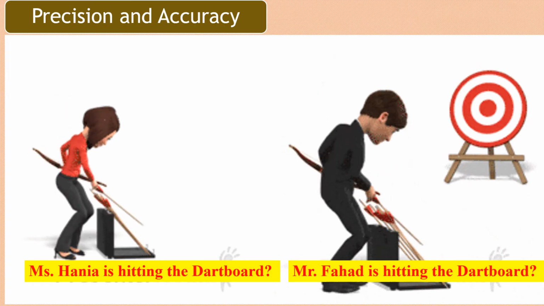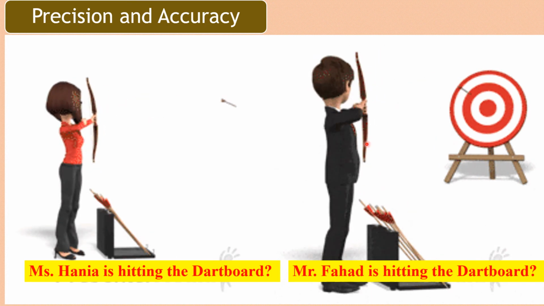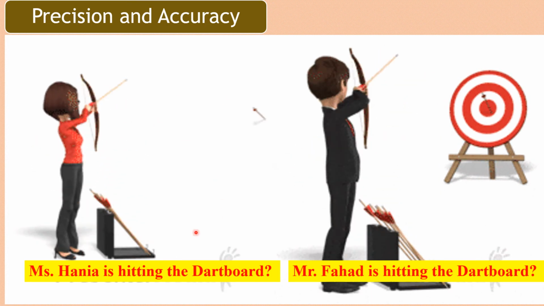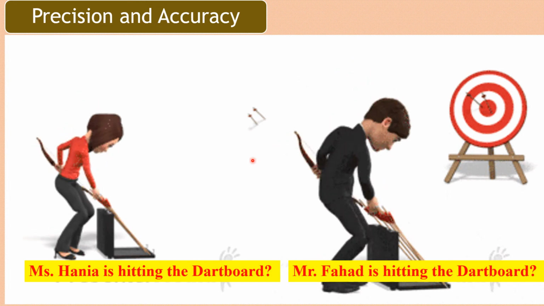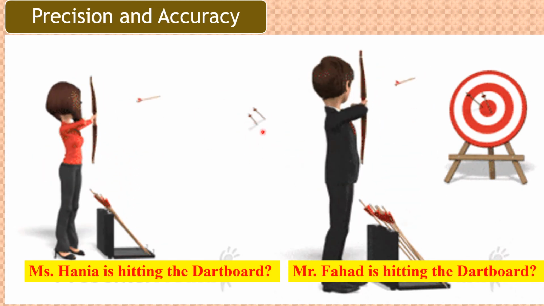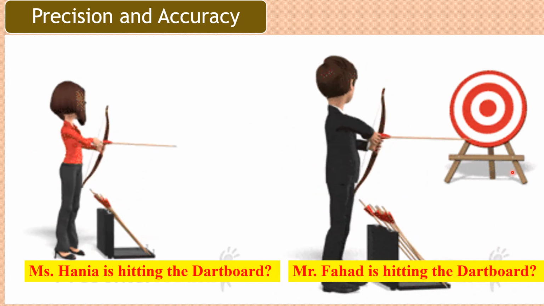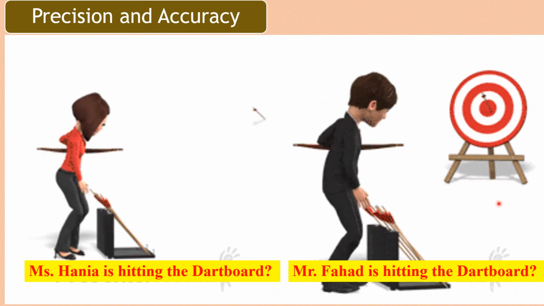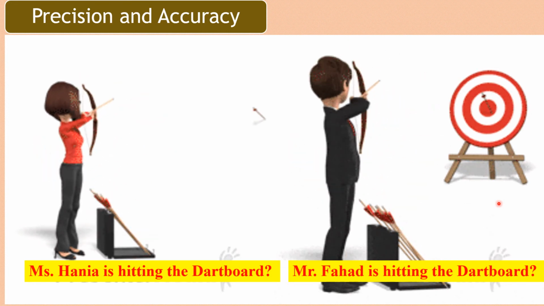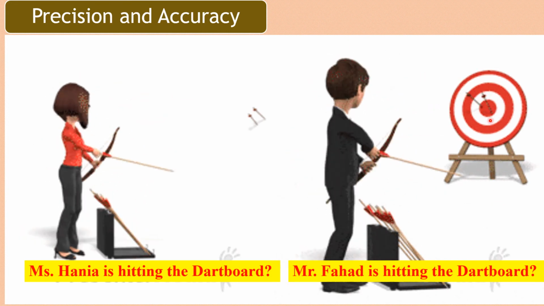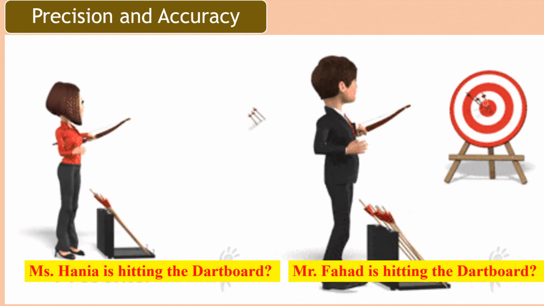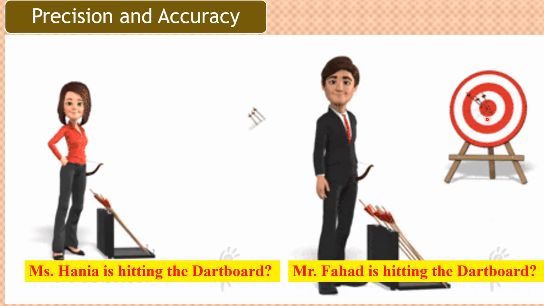Our next topic is precision and accuracy. Here you can see that Ms. Hania is hitting the dartboard with the pointer and Mr. Fahad is also hitting the dartboard with the pointer. This is the best example to understand precision and accuracy. On the dartboard, this central point is the target point. This represents the actual value.